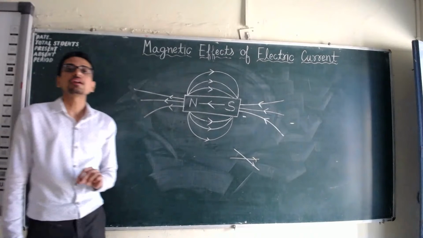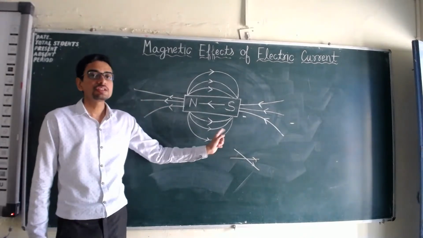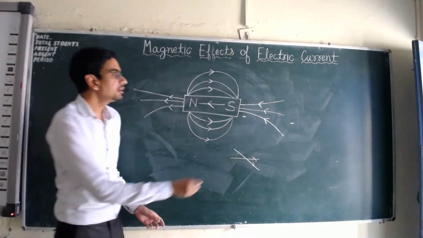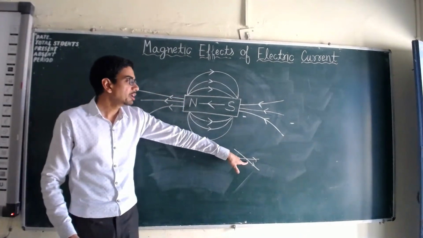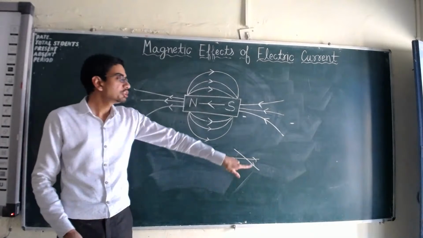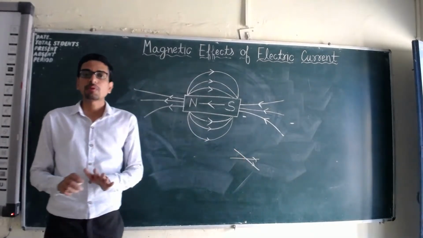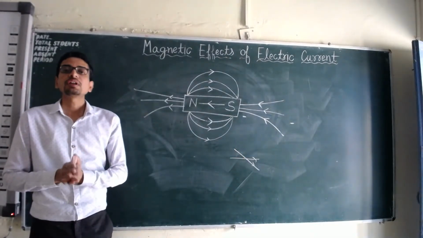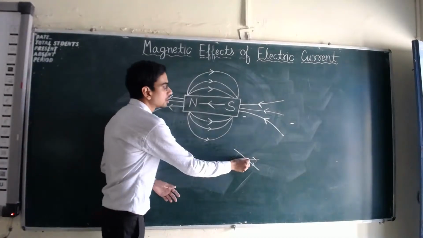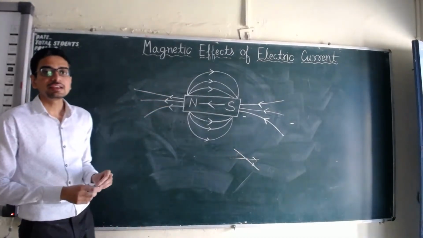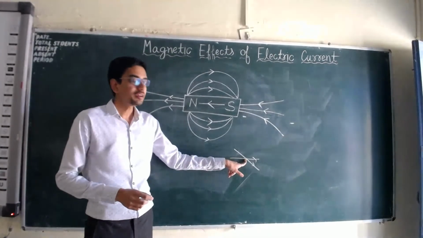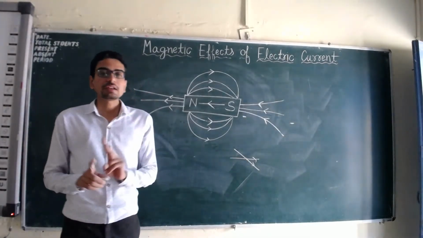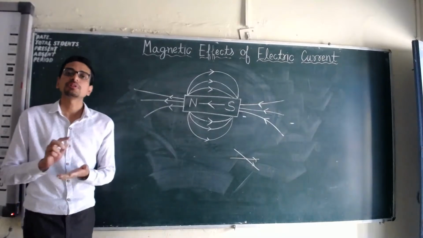So magnetic field lines never intersect each other because if they intersect, there will be an intersection point. और उस intersection point पर it will show two directions, but it is not possible. Okay. So at the point of intersection, if magnetic field lines would intersect, it would show that there are two directions at one point, which is not possible.